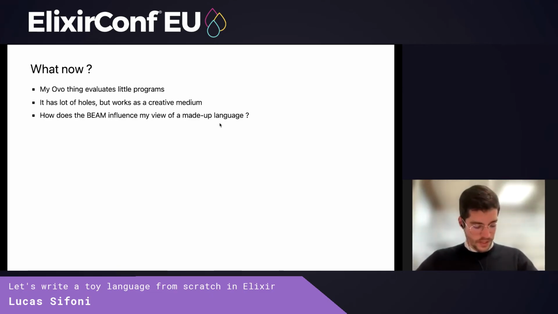So it doesn't do anything special yet. So I have the steps to build a language, but it doesn't do anything interesting. And while thinking about what it could do, I think the BEAM with its actors, its state handling, concurrency, and distribution influenced my thinking. So I went to explore a stateful system.